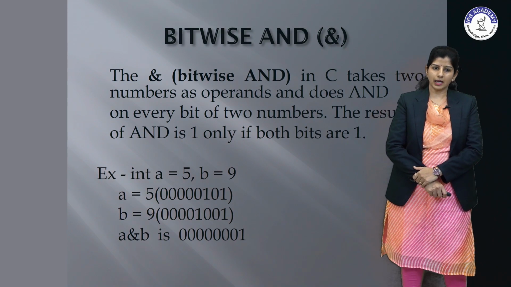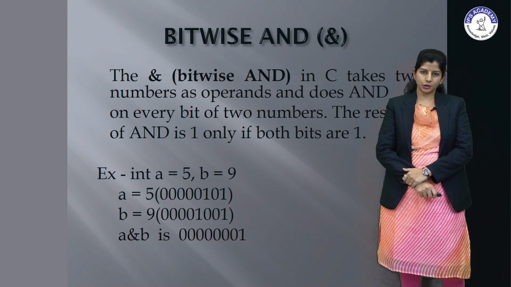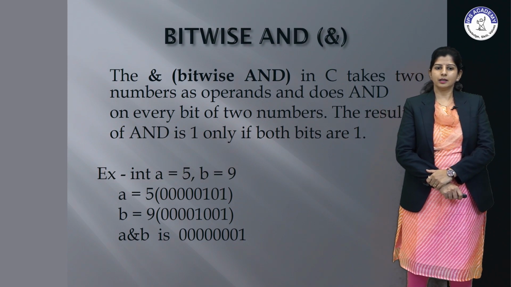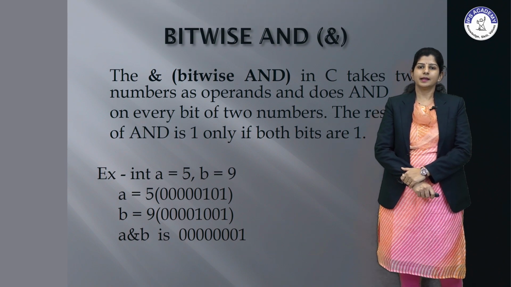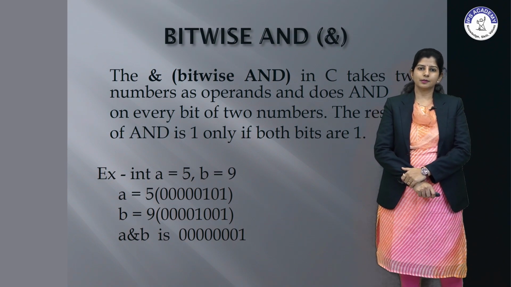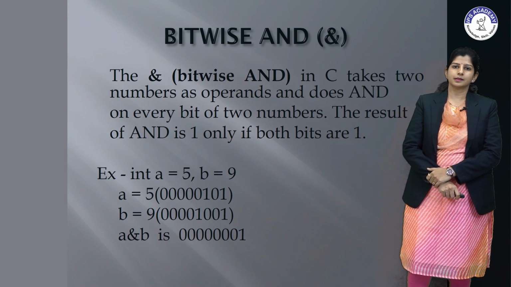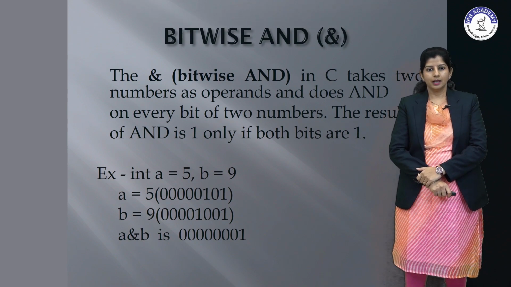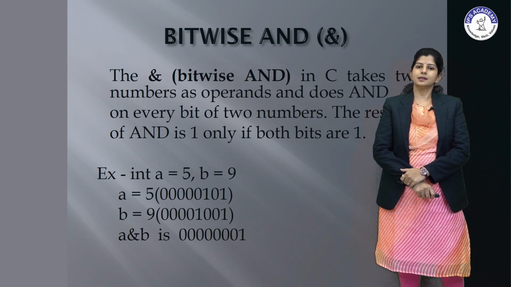When I try A and B, meaning I perform the bitwise operation on A and B, I get 1 and 1, the result is 1. In the bitwise AND operation, when both the operands have the value 1, then the resultant is 1. When any one of them is 0, then the answer is 0.